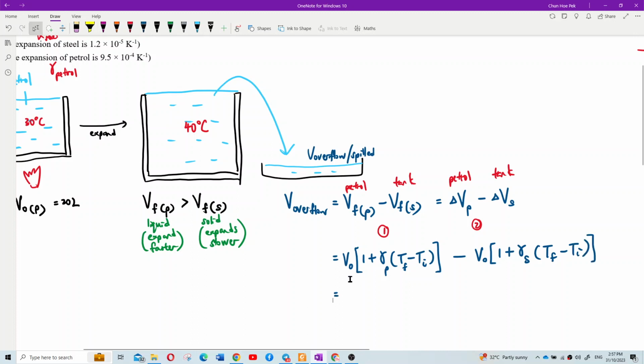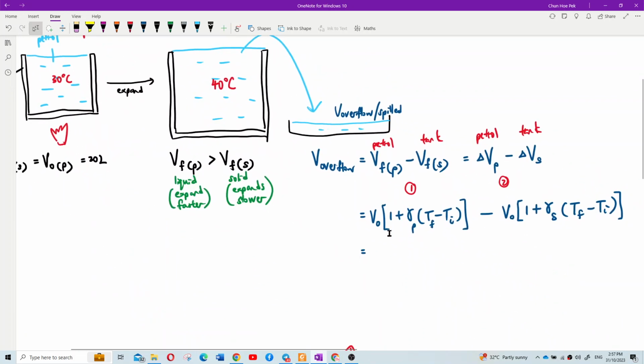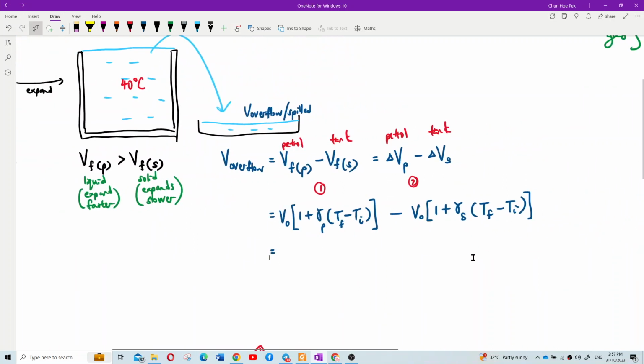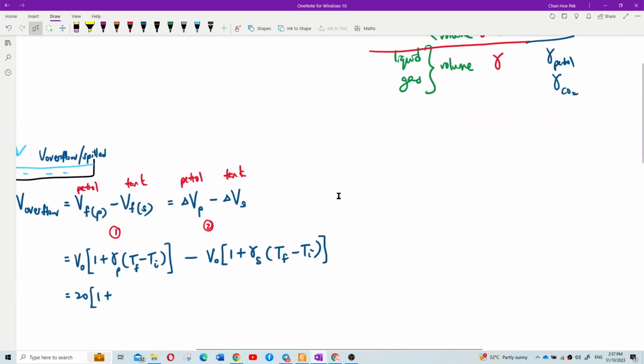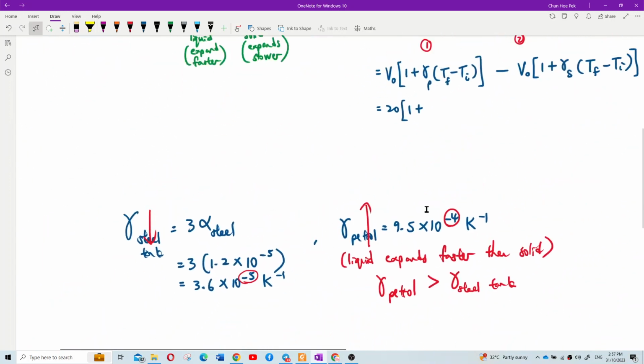Initial volume is 20 liter. Yes, 20 liter. Initial volume for steel tank and petrol is the same, 20 liter. Okay, just put 20 times 1 plus gamma for petrol.